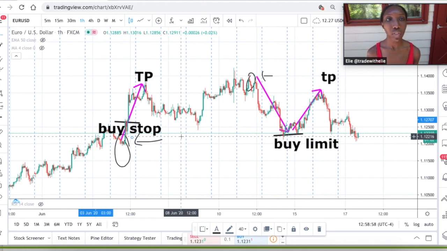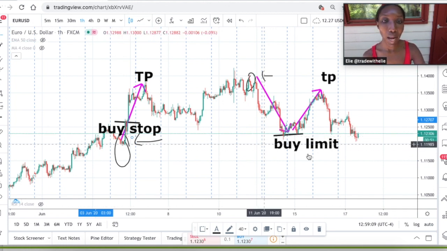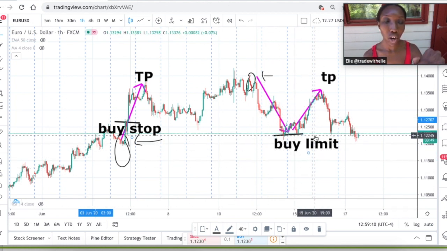So knowing the difference between the two can help you in terms of when to place a certain order, right? So if you had placed a buy stop instead of a buy limit here, your trade would not have activated, because in the motion that the market is going, at the point of time when you're entering this trade, the price is currently going to be above or below where you actually want to enter the market.